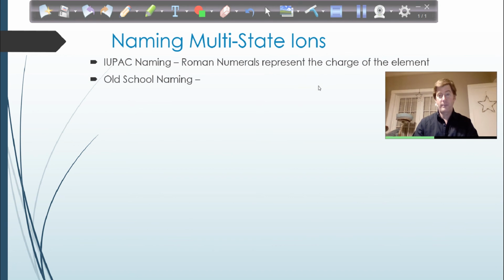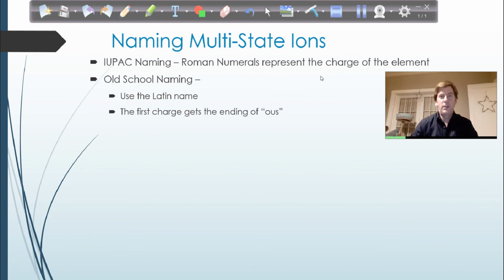Now, the old school naming system, you still see things labeled with this, and I'll talk about it in class, and it might be a good bonus question on a test. So let's talk about the old school method. It uses the Latin names. Everybody loves using Latin, right? So it's a little trickier because you have to know the two states. With the IUPAC Roman numerals, you can just look at the Roman numeral and be like, oh, it's chromium 3, right?